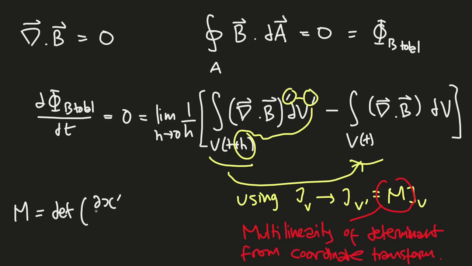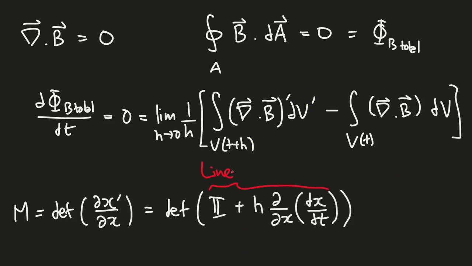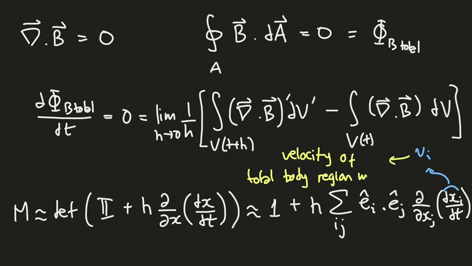So then we get this, and then we get this, which comes from linearization and this h infinitesimal shift. And after that, we get this. And notice that this part here is a component from the velocity of total body region movement. And if you look closely, this form creates the divergence of this velocity vector.